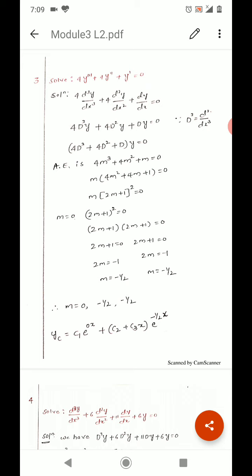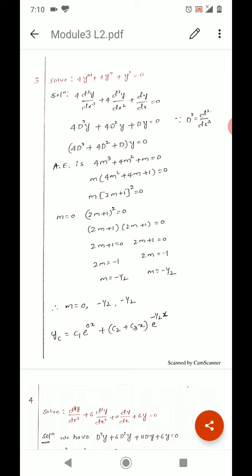Here 4m² + 4m + 1 can also be written as (2m + 1)². So we will get m = 0 and (2m + 1)² = 0. (2m + 1)² = 0 becomes (2m + 1)(2m + 1) = 0. From each term we will get m = -1/2 and -1/2.